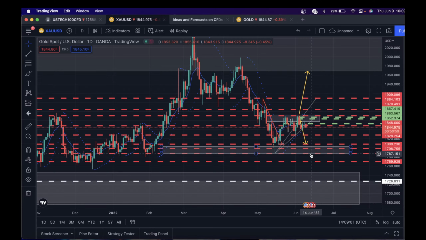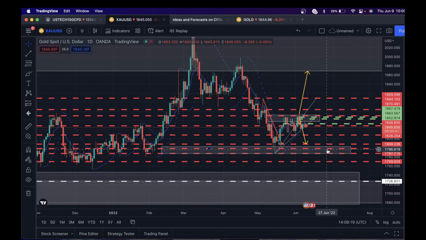Tomorrow we do have the inflation rate CPI data release, so we'll possibly do live trading at that time. So before the CPI data, let's look at what it's going to make and how it's going to go. The price started from here.